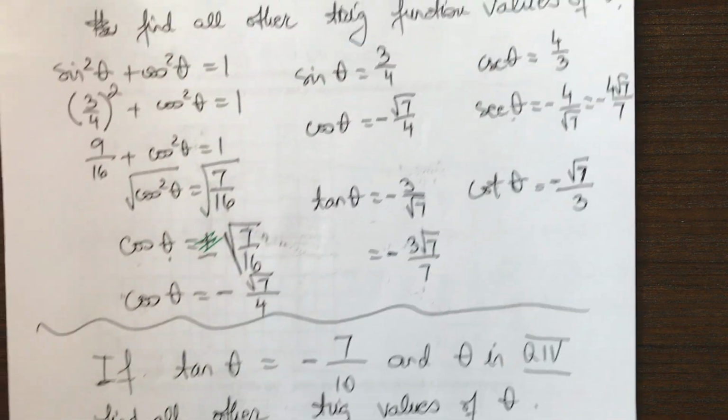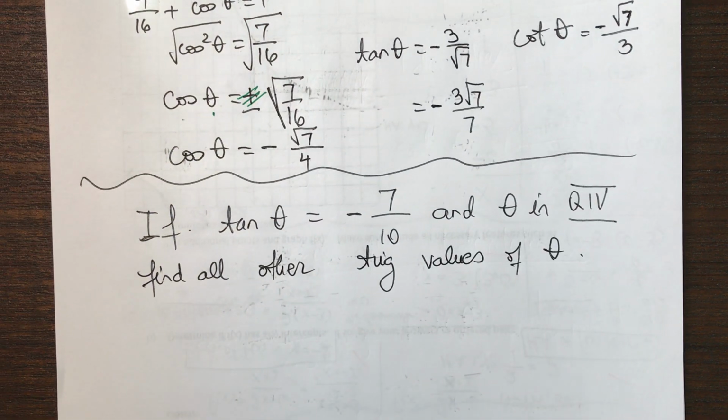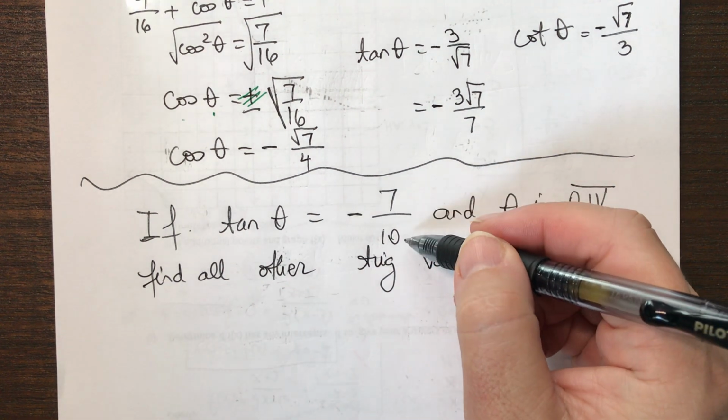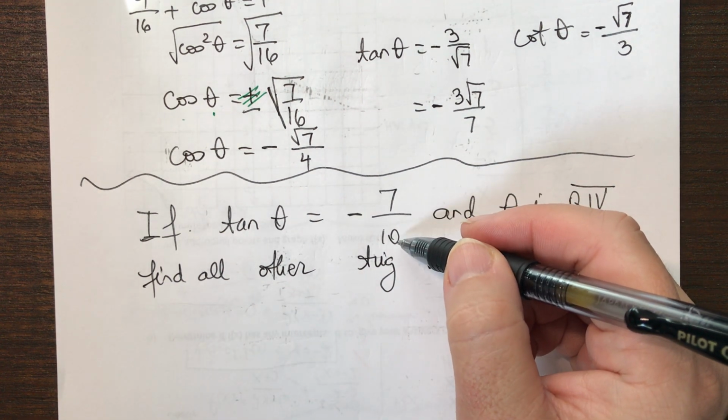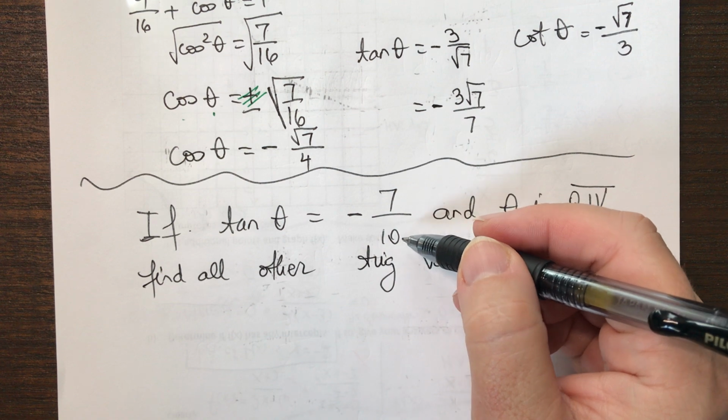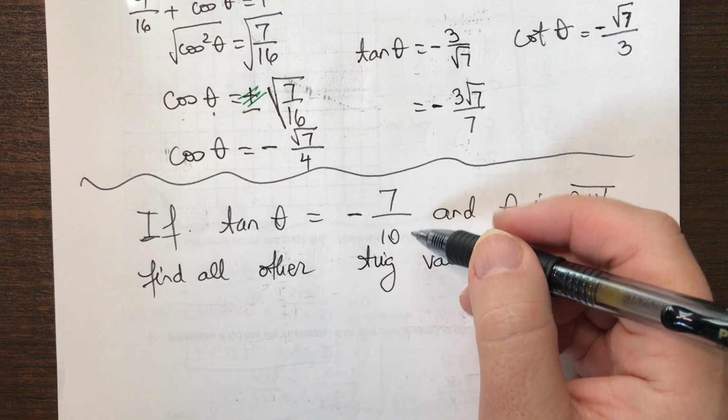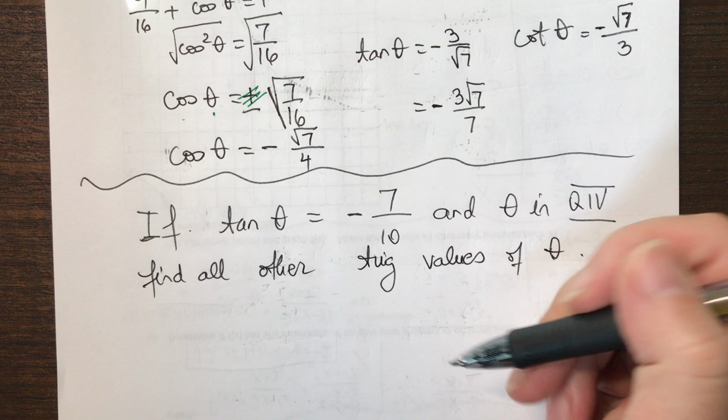Okay, let's see. Tangent is actually a tricky one. If we start with that, so if I know the tangent value, what could I find? Well, sure enough, the cotangent immediately. But what I need is that leap to sine and cosine. And tangent is sine divided by cosine, but that doesn't mean the sine value is 7 and the cosine value is 10, because remember, the sine and the cosine can only take values between -1 and 1, right?